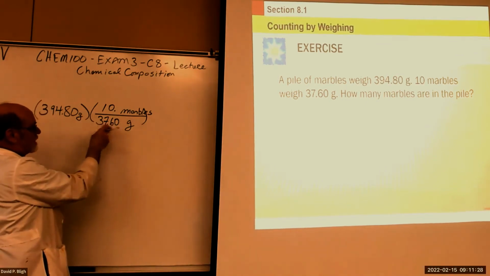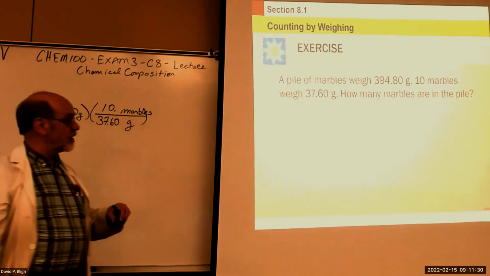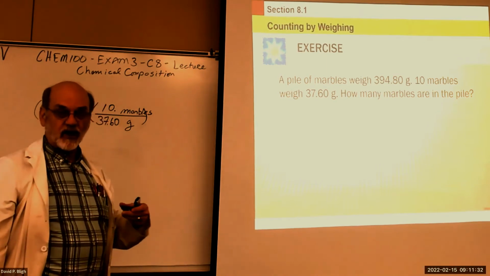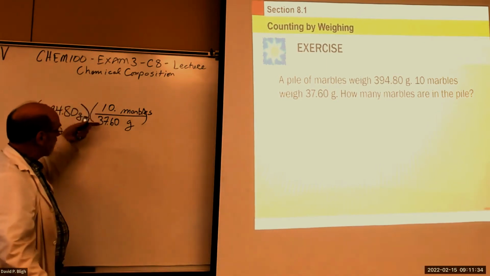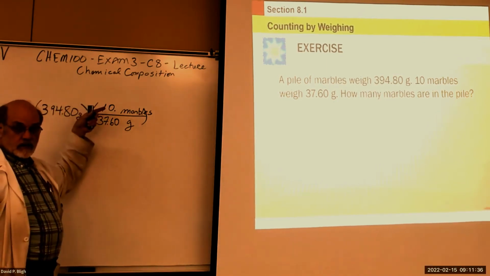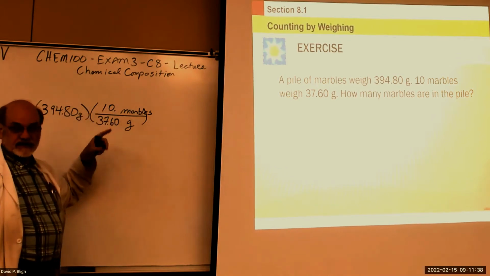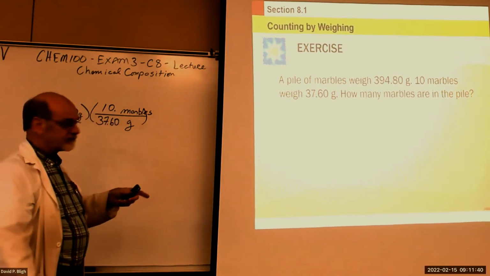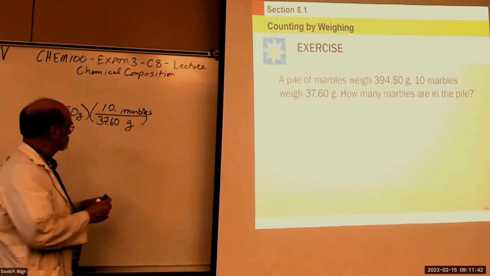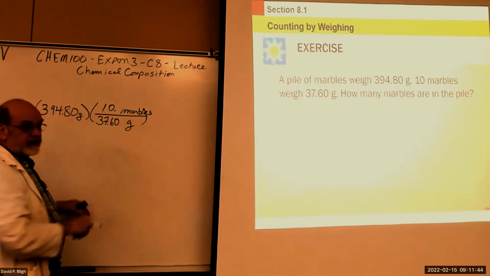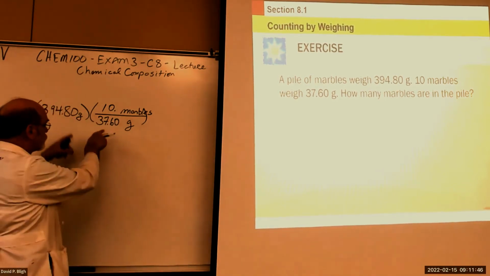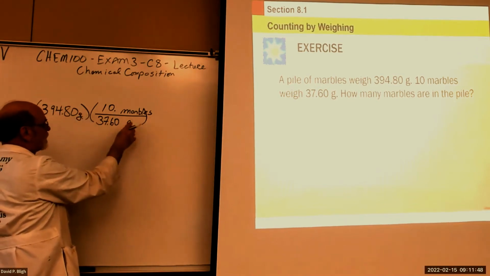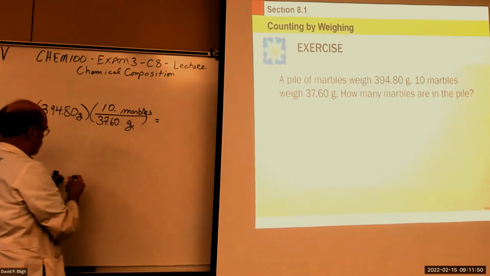This would have been 3.760 grams per marble. So it's the same ratio if we had done it as a separate step. But we don't need to do that because the calculation will do it for us. Grams cancel. Now that tells us how many marbles we have.